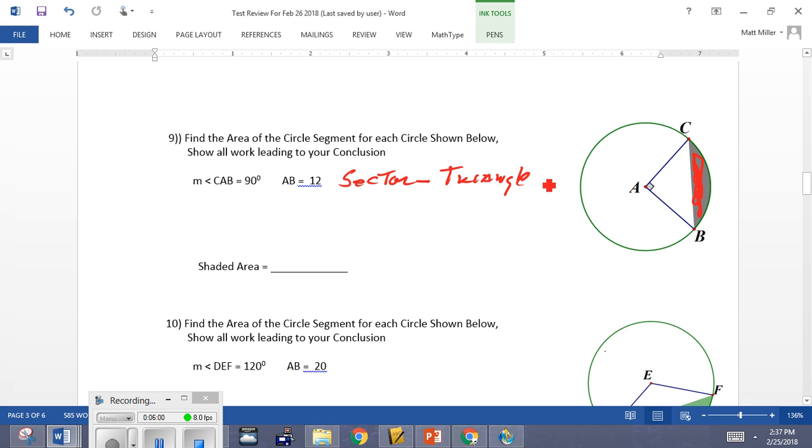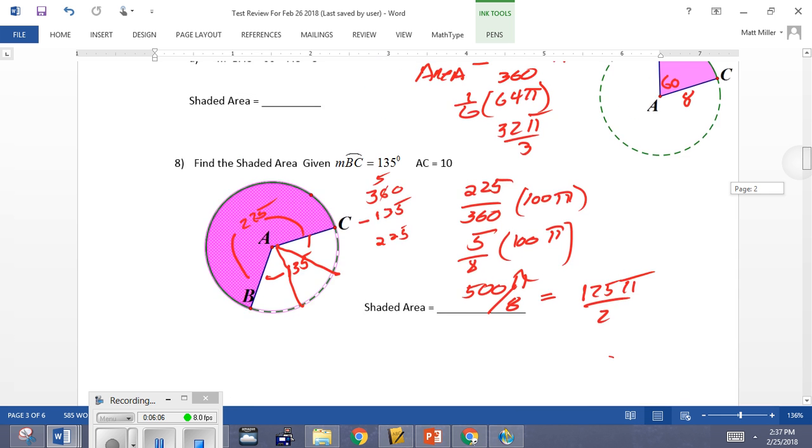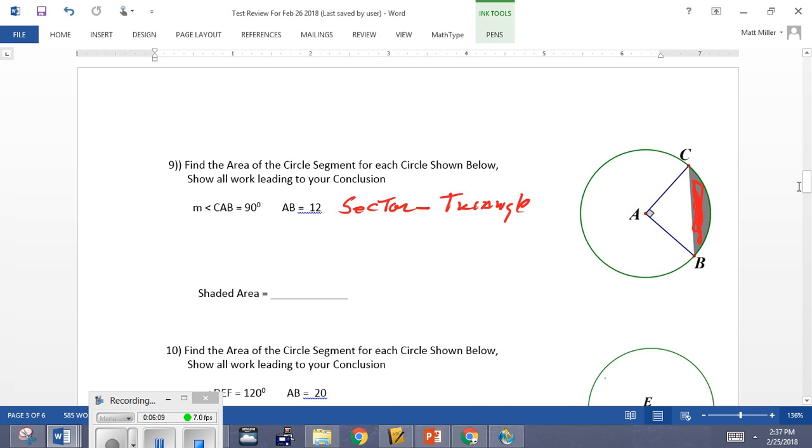We just did the sector in the previous two problems: fractional part of the area of the circle. The 90 degree. So basically we're finding this whole area here, and then we're going to subtract from that the area of the triangle.